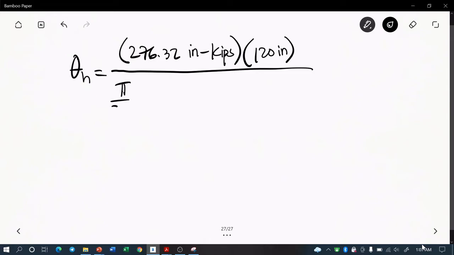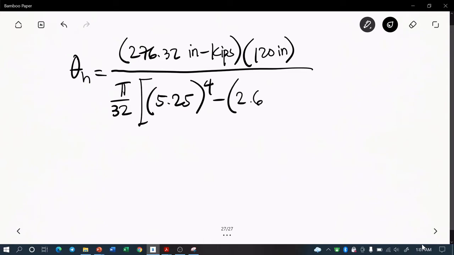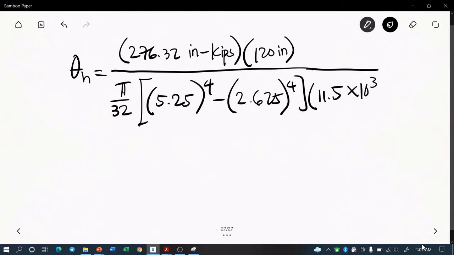pi over 32. Okay, the outside diameter is 5.25 to the power of 4 minus 2.625 raised to the power of 4 times the modulus of rigidity, 11.5 times 10 raised to the power of 3 kips per inch squared, and they should have a unit of radians.